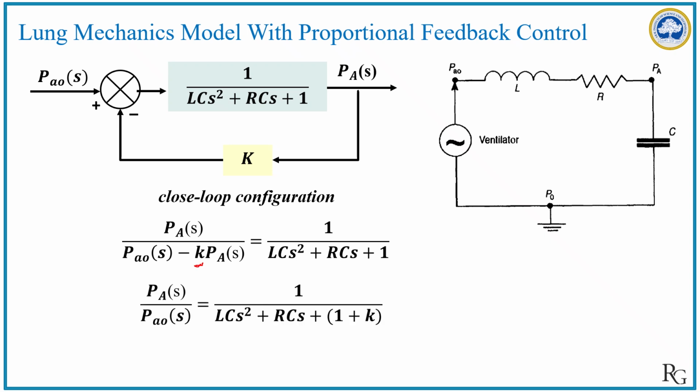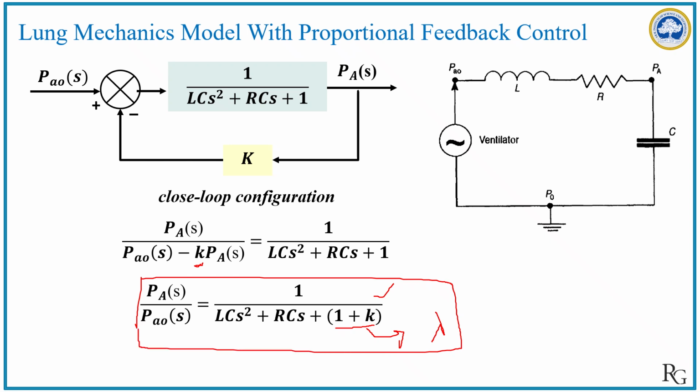If we simplify that transfer function, we will get this. Here we can replace this particular 1 plus k with a constant, maybe lambda. This complete model is the closed loop system model, or the transfer function, for the lung mechanics with proportional feedback control. This is a second order system.